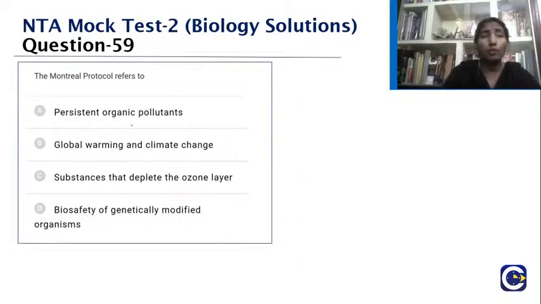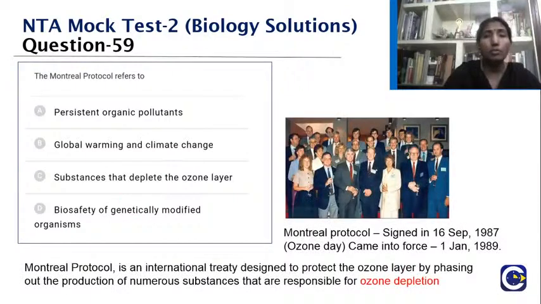The Montreal Protocol refers to option A, persistent organic pollutants, global warming and climate change, substances that deplete the ozone layer, biosafety of genetically modified organisms. The Montreal Protocol was a treaty signed by participating countries. They signed the treaty in 1987, but it came into existence only on January 1st, 1989. It is an international treaty in which many countries participated.